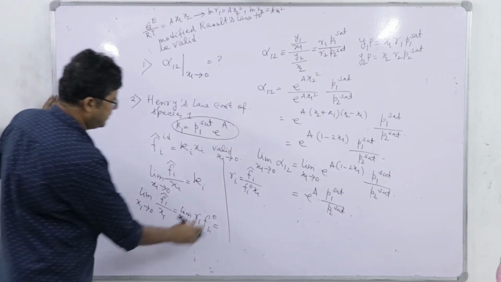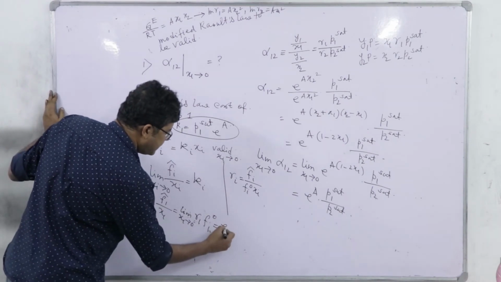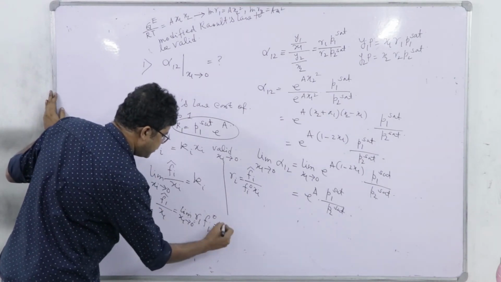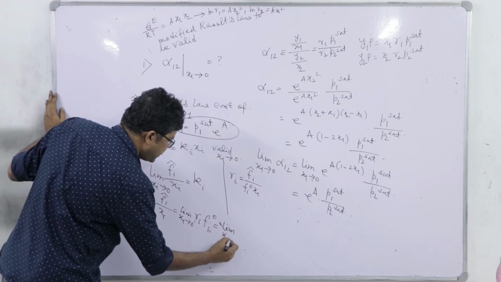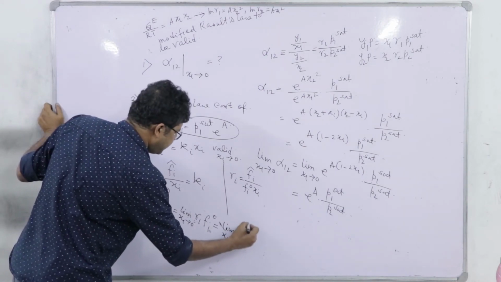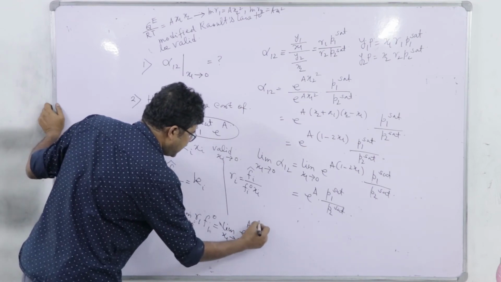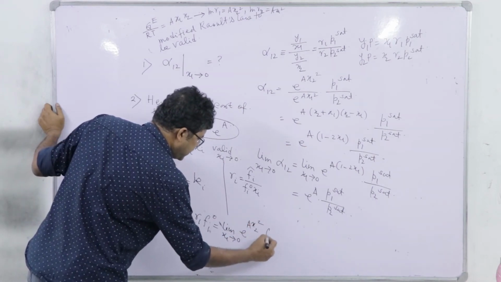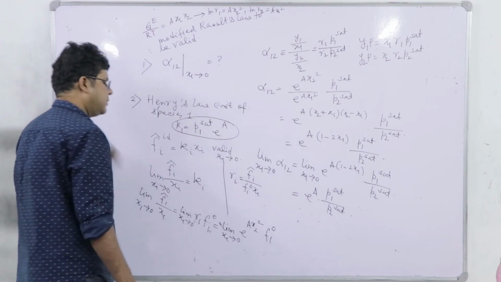So gamma 1, here let's put this, limit x1 tending to 0, e to the power a x2 square into f1 naught.